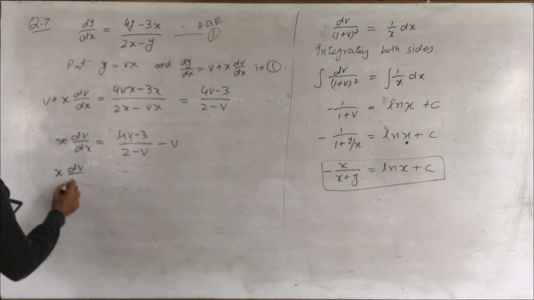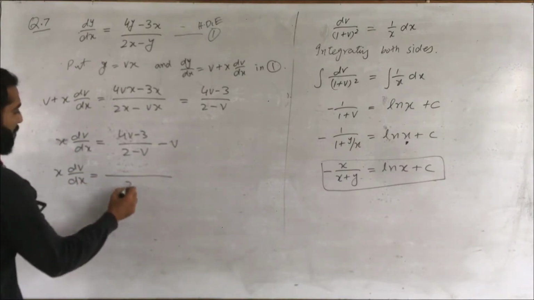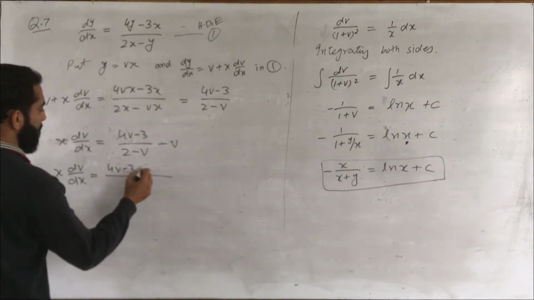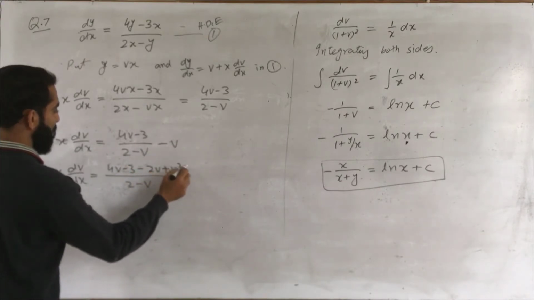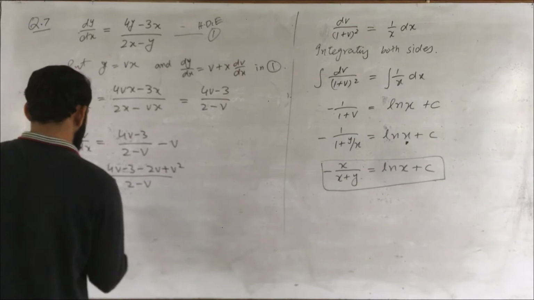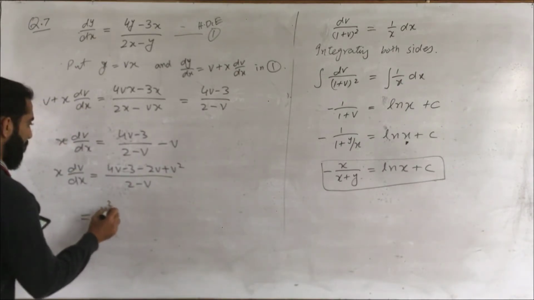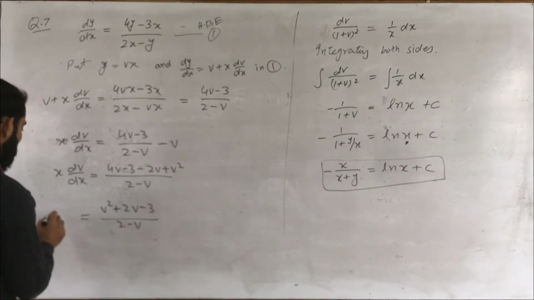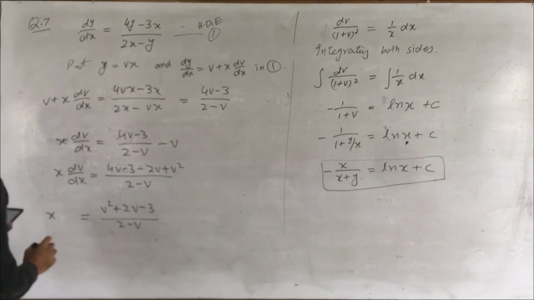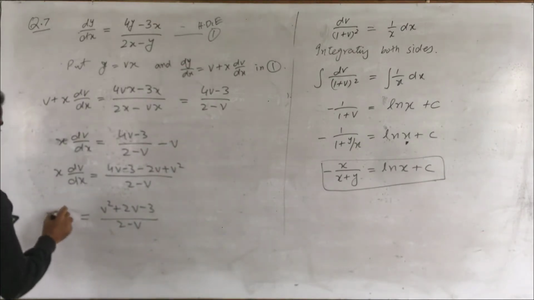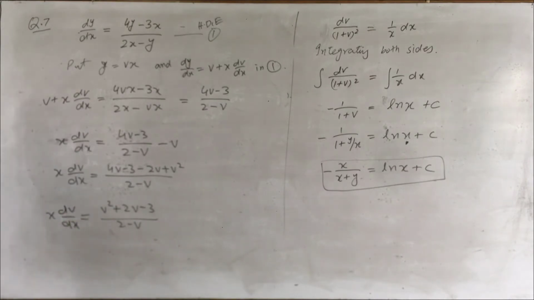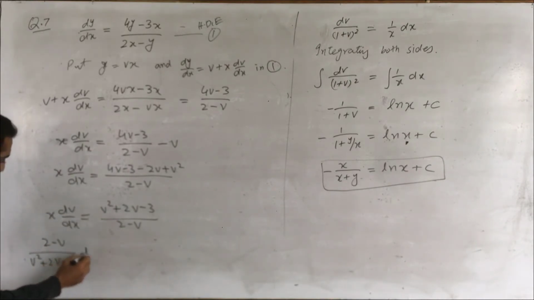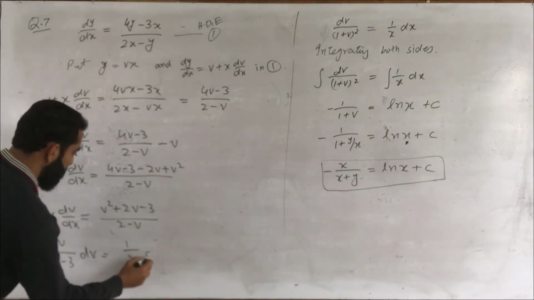Now taking the LCM, solving: (4v minus 3 minus 2v plus v square) divided by (2 minus v), which can be written as (v square plus 2v minus 3) divided by (2 minus v), equal to x dv over dx. Now separating variables, we get (2 minus v) divided by (v square plus 2v minus 3) into dv is equal to 1 over x dx.